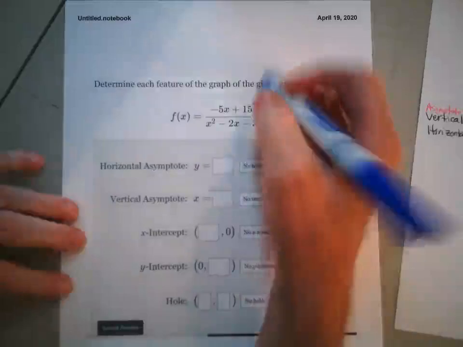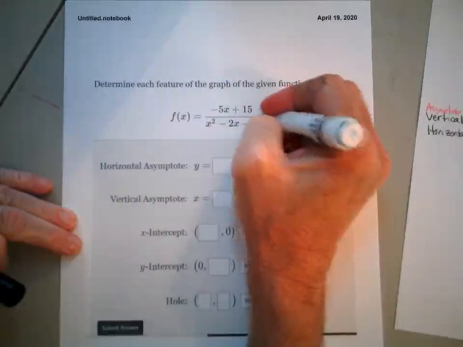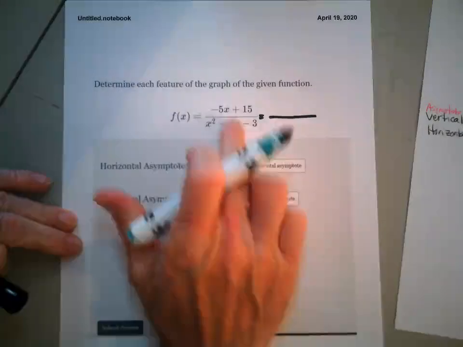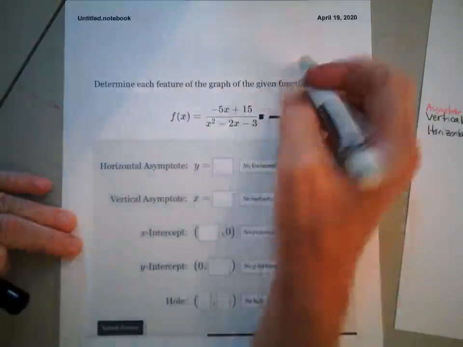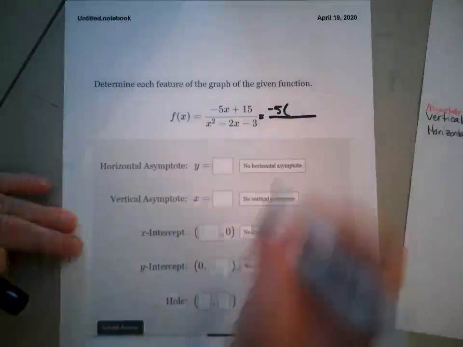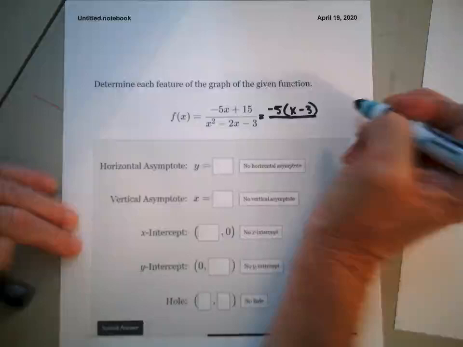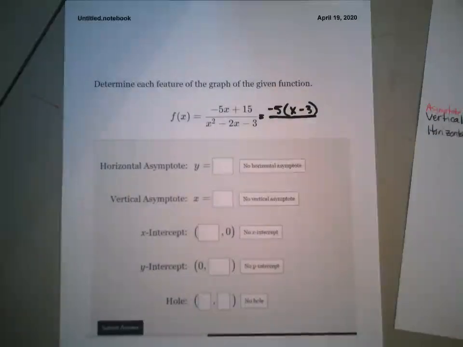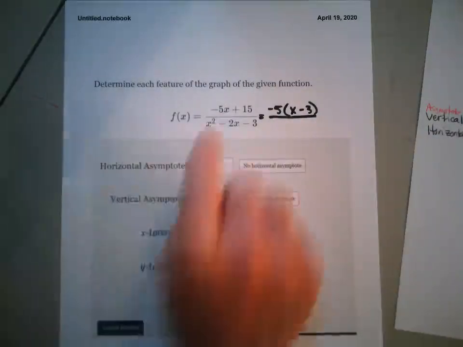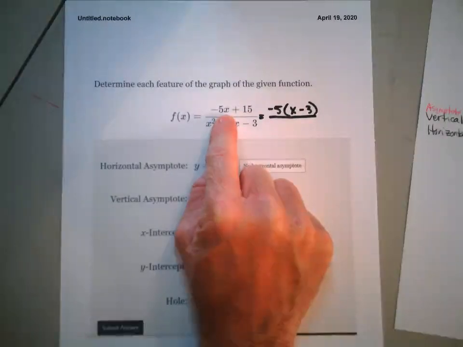And that's going to be GCF factoring. The negative 5x and the 15 have a negative 5 that will divide into both of them. So that's going to turn out to be x minus 3. Since the top has a degree of 1, there's only one answer that we get from the top.